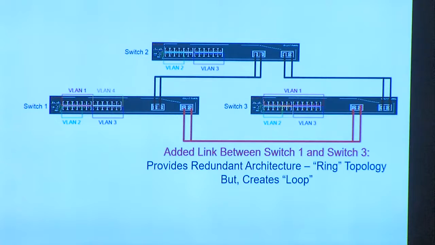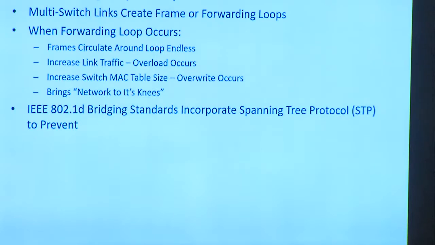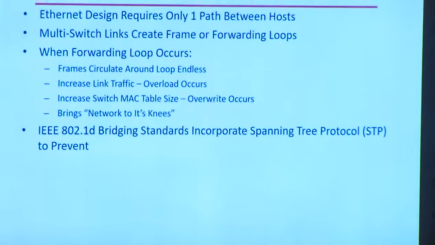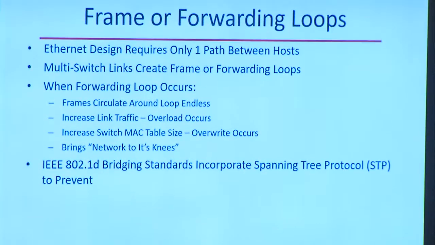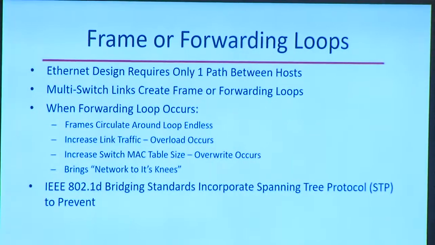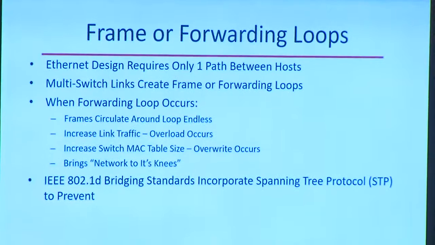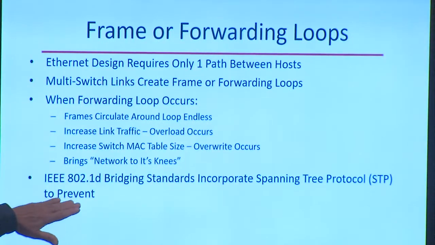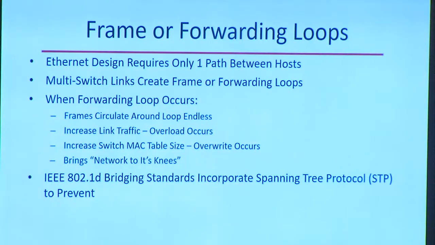Yes, that's where we're headed there. We have to have a managed switch that implements spanning tree, or STP, which is a protocol, because we are at layer 2, that's part of the IEEE bridging standards, that basically prevents forwarding loops.